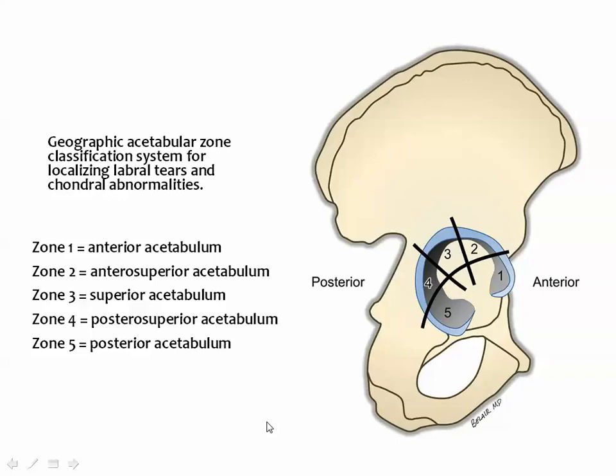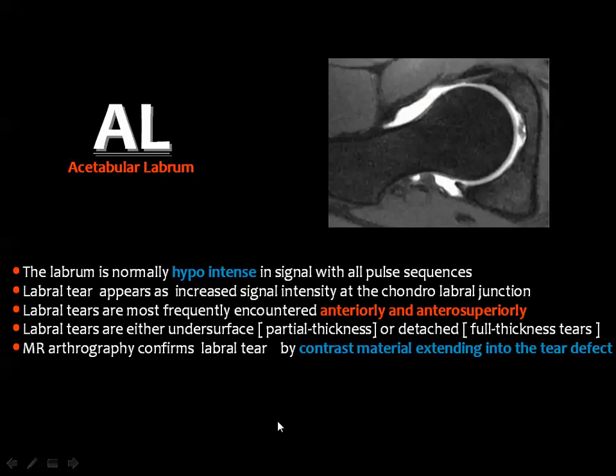transverse ligament. You know, the most common sites for injury are the anterior, the anterosuperior, and the superior parts of the labrum. Then, as I have mentioned, the labrum is hypointense in all sequences, and it appears as a triangle in cross section.